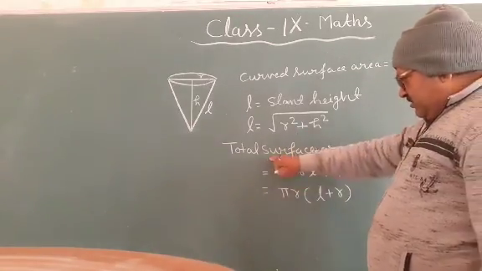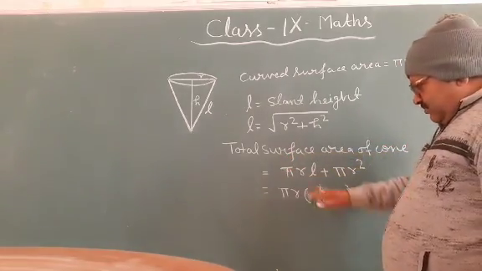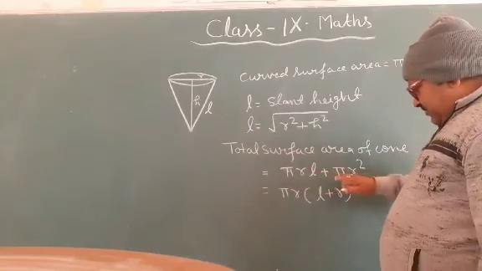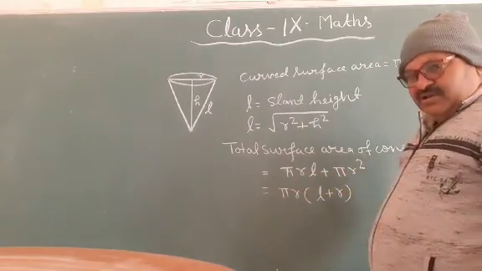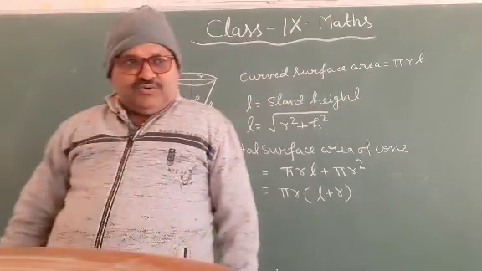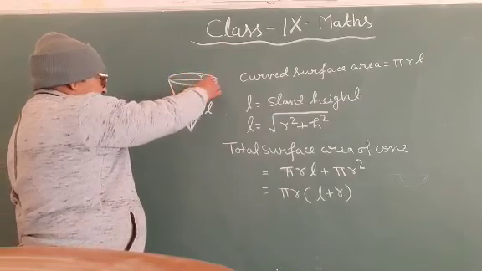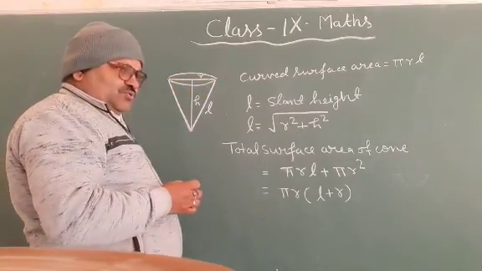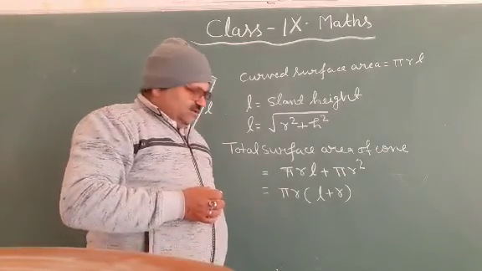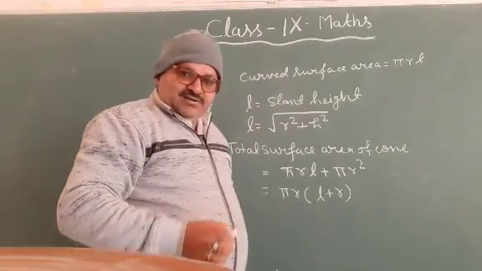So the total surface area of the cone is pi r l plus pi r square. Pi r l is the curved surface area of cone, and pi r square is the area of the base of the cone. So we get the result pi r in bracket l plus r.